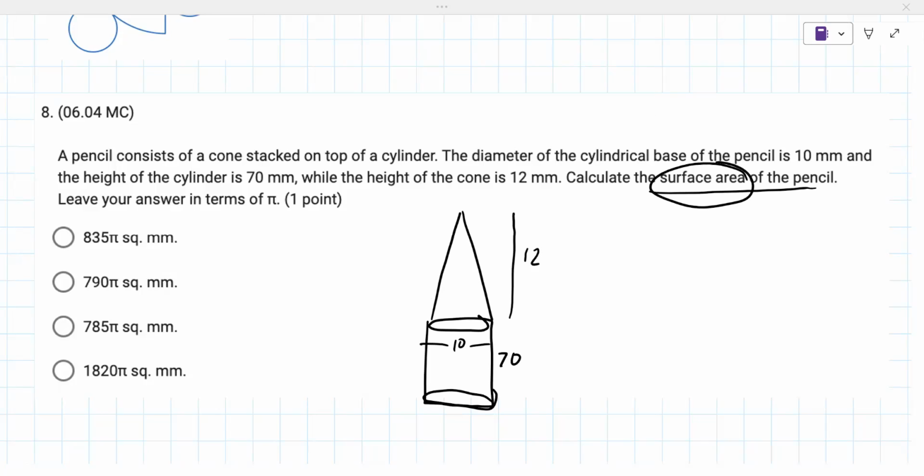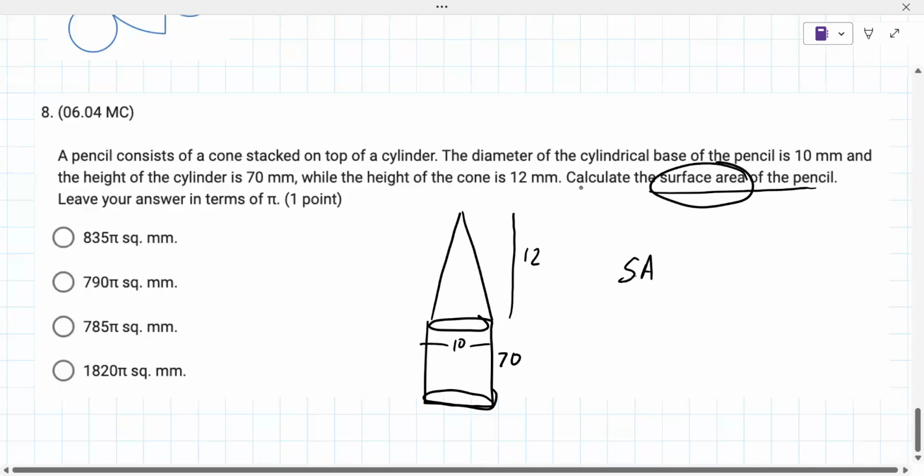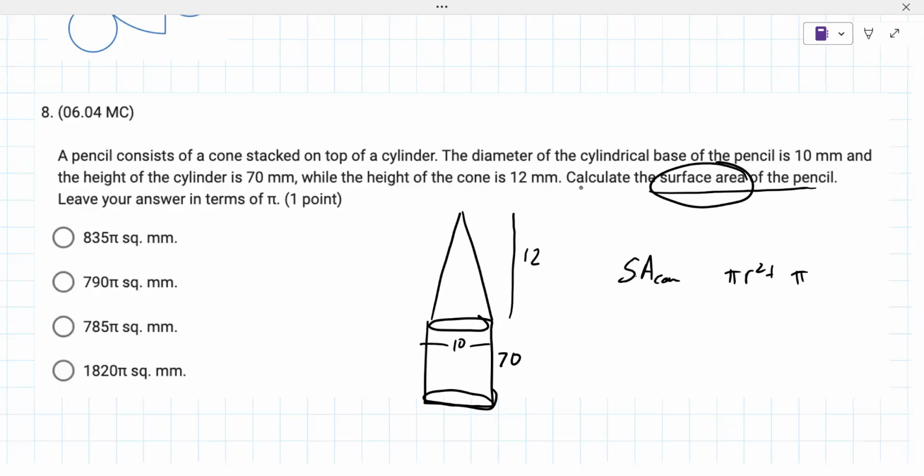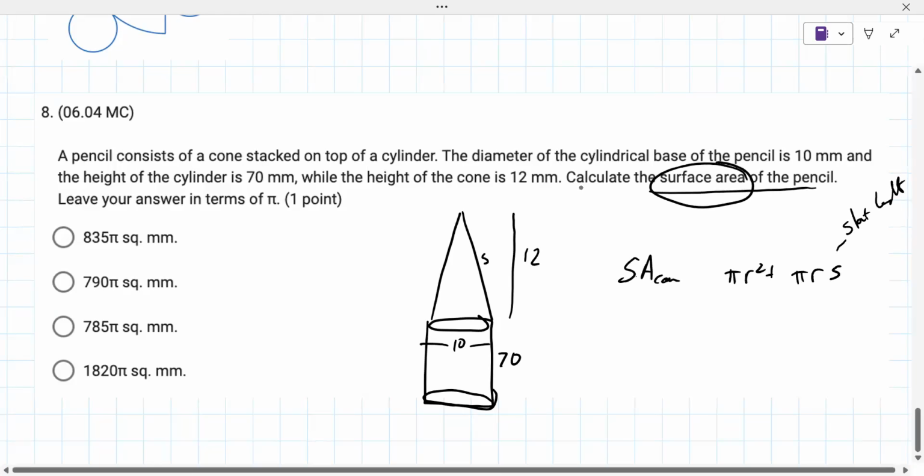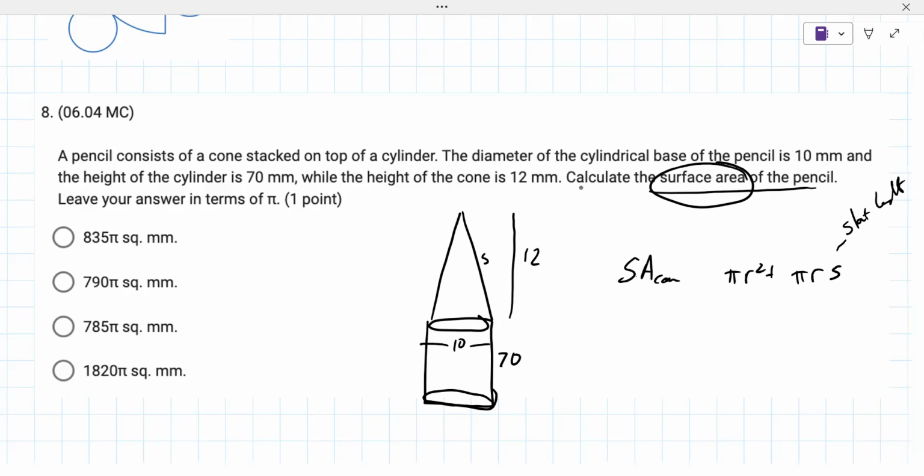But the surface area is kind of a complicated formula. The surface area of a cone is pi r squared plus pi r s. And you're like, what is this s? Well, this s is right there. It's called the slant height. I think that's a little bit odd, but that is what it is.